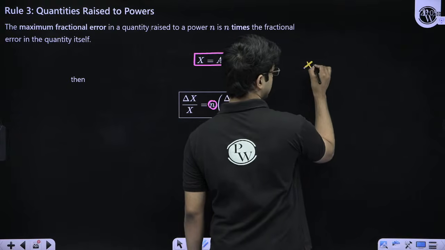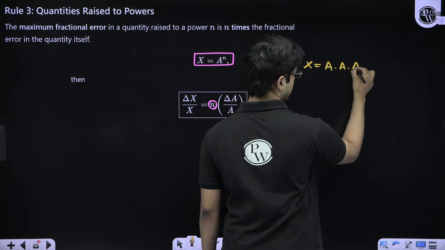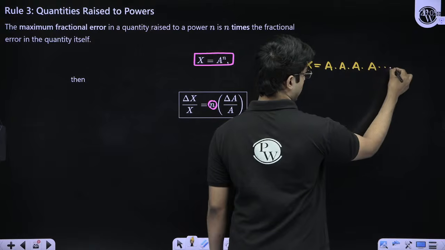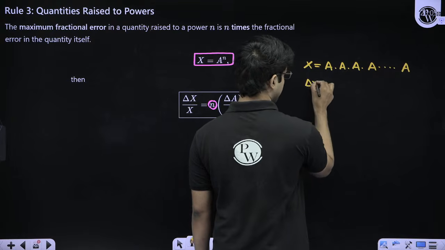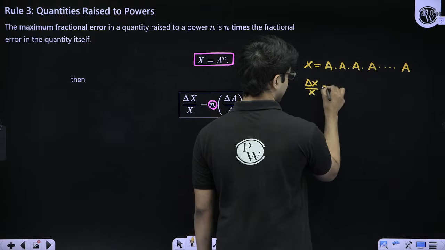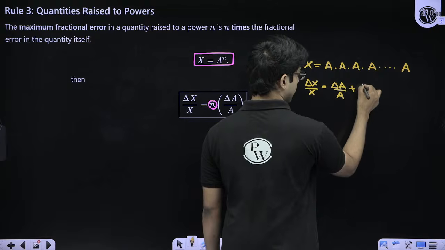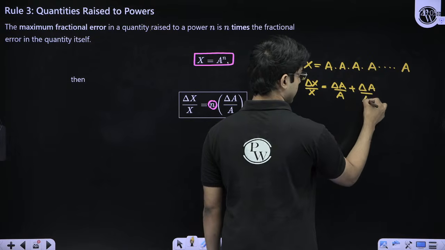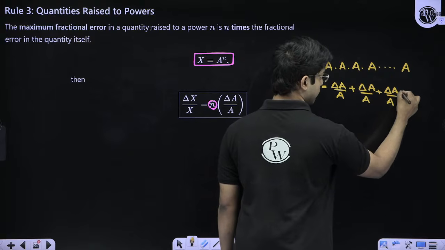So x equals a raised to n, right? So you can write it as a into a into a and so on until n times, right? So fractional error in x will be fractional error in a plus fractional error of a plus fractional error of a, and this happens for n times, right?